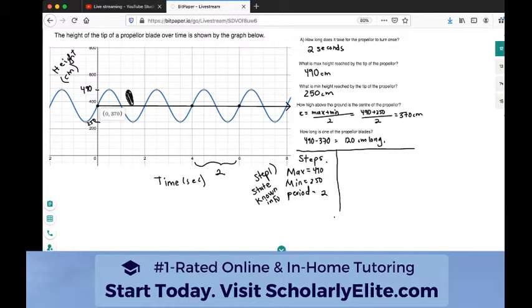Next, we're going to do step 2, which is solve for A, C, and K. So for A, the amplitude is max minus min divided by 2, which in this case, 490 minus 250 divided by 2, which is going to be 120.